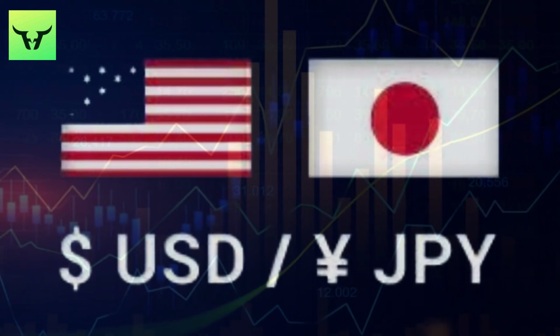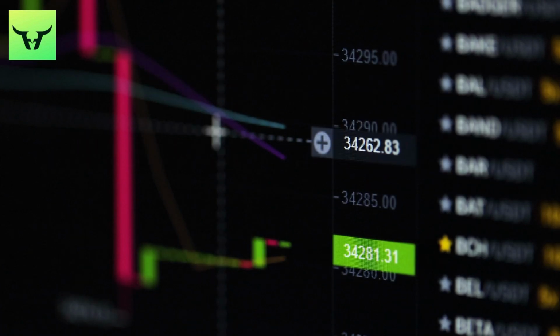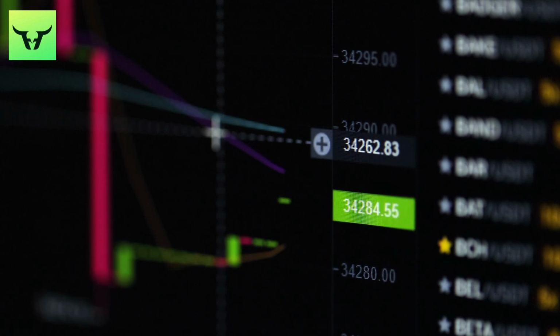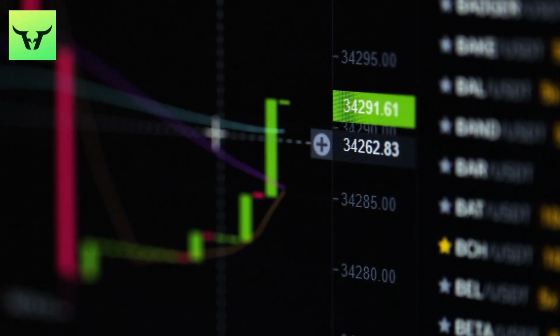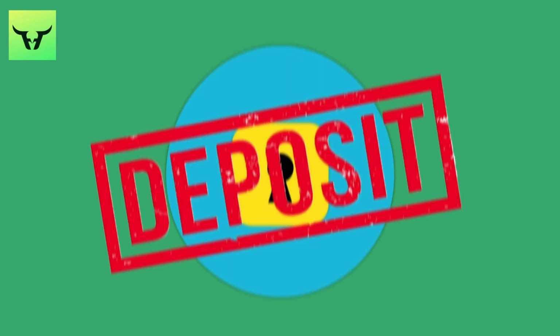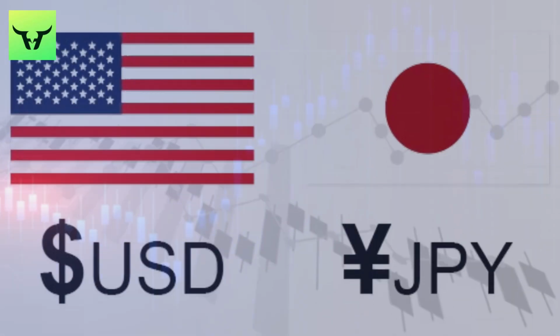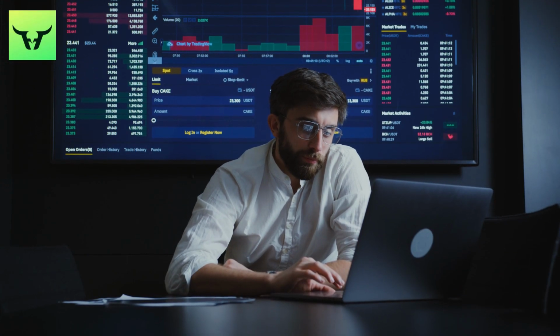USD JPY position. Margin requirement. The percentage of total trading value required in your account to open a position. It serves as a safety deposit. For USD JPY, the margin requirement is fixed at 4%. This means you must have 4% of the total trade value in your account as required margin.